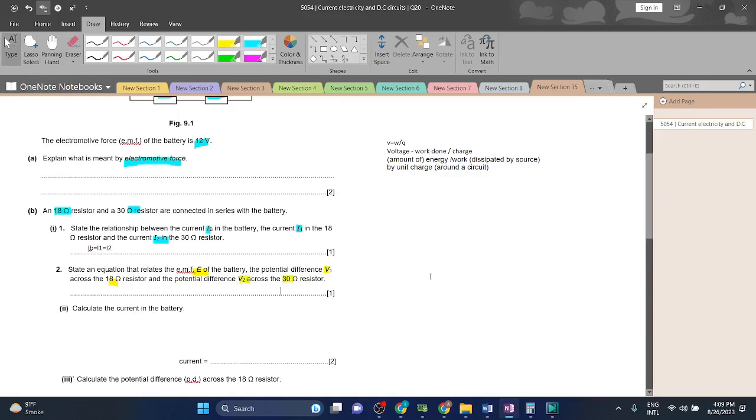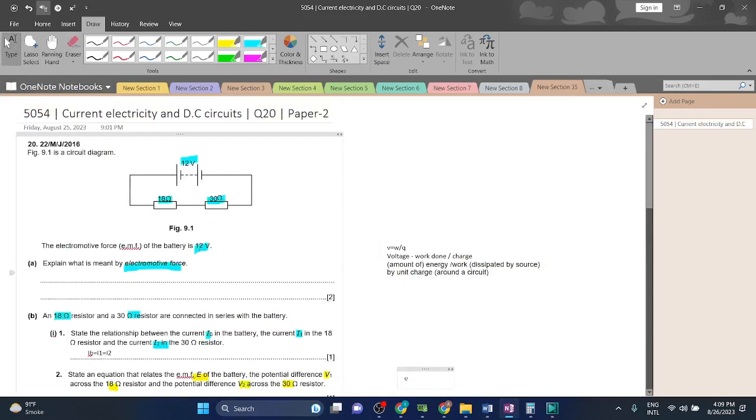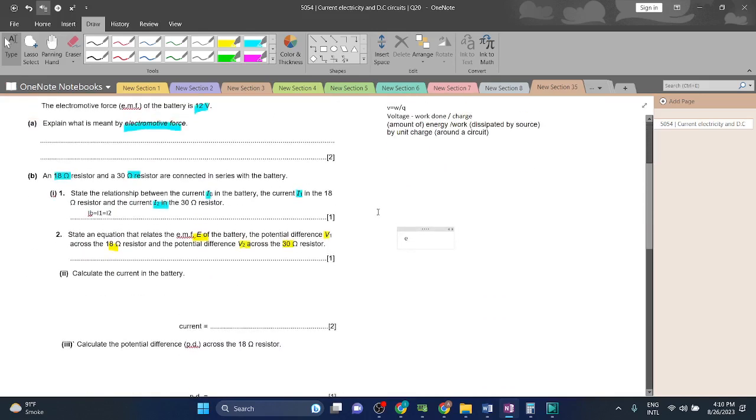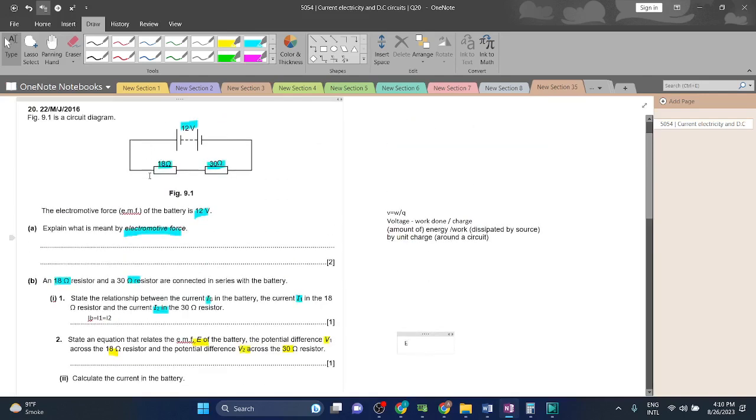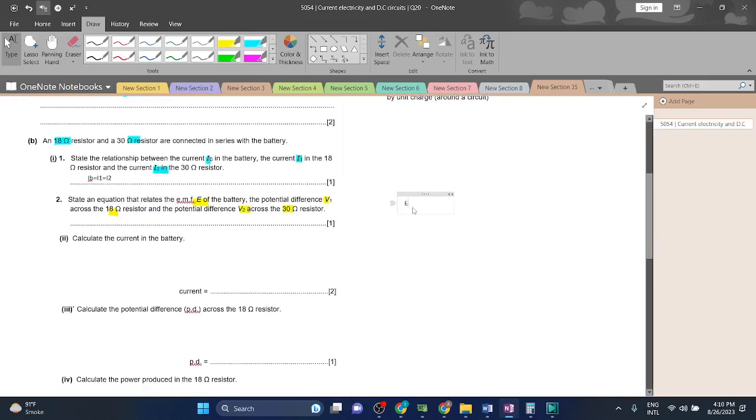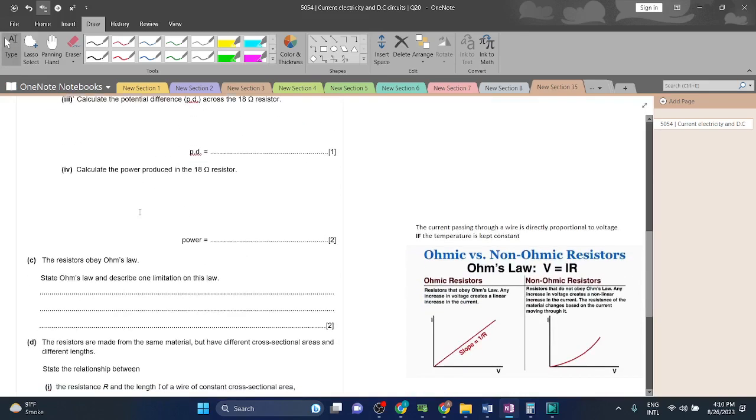So the EMF will comprise the potential difference across these two points and the potential difference across these two points, because these are the only two resistances, and between these resistances all the voltage will be divided. So the voltage across each resistance is the potential difference, which will comprise the EMF. So E equals V1 plus V2. So that is what the EMF is.